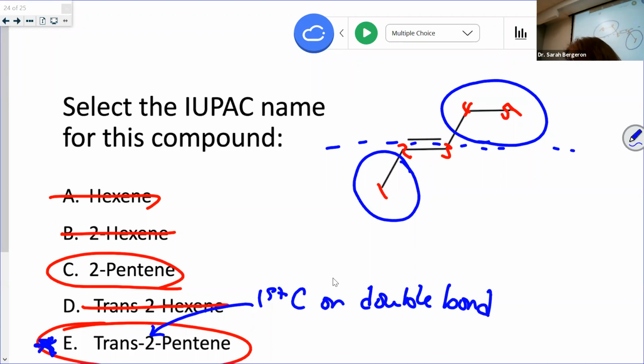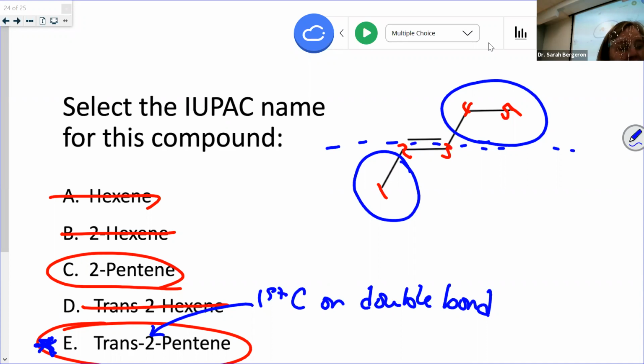Technically it's not really substituents, it's part of the main chain. But when you analyze that carbon-carbon double bond, what you're really looking at is what's connected to those main carbons that are involved in the double bond. So we're looking at whatever's attached below the double bond and whatever's attached above the double bond. Does that make sense? Yeah?